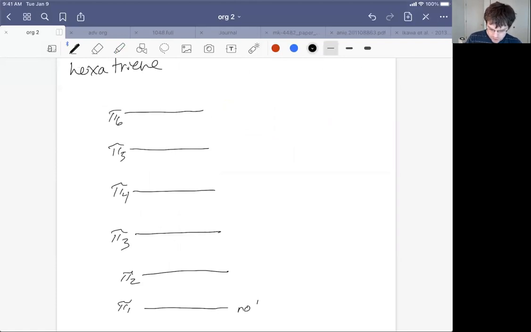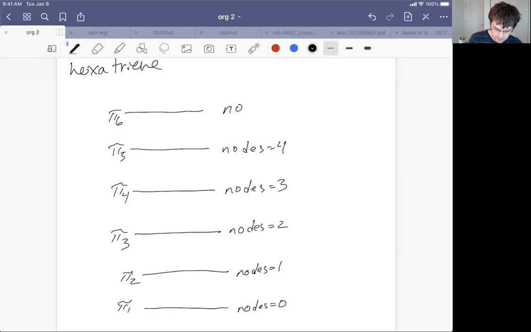For my nodes, we're going to start at 0 and increment by 1 until we get up to 5. Now we're going to have 6 p orbitals. I'll only make us do this once.